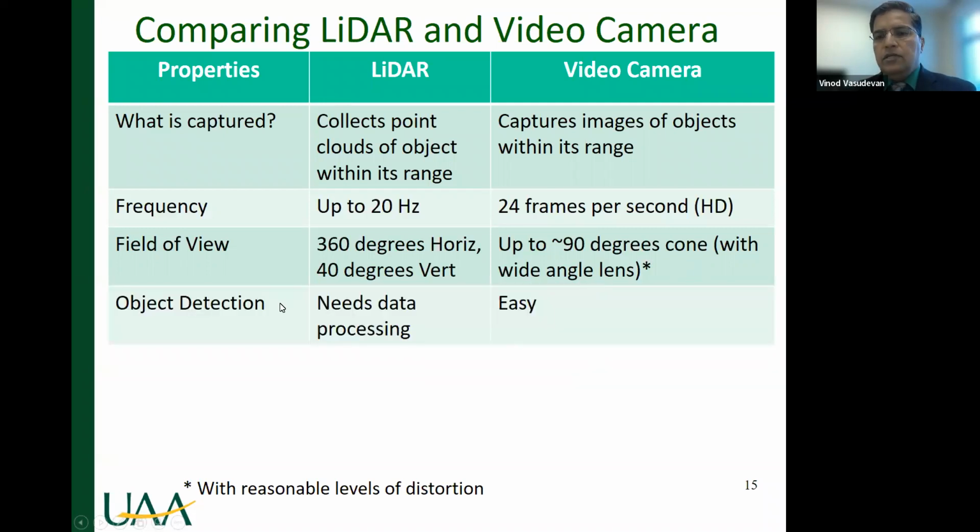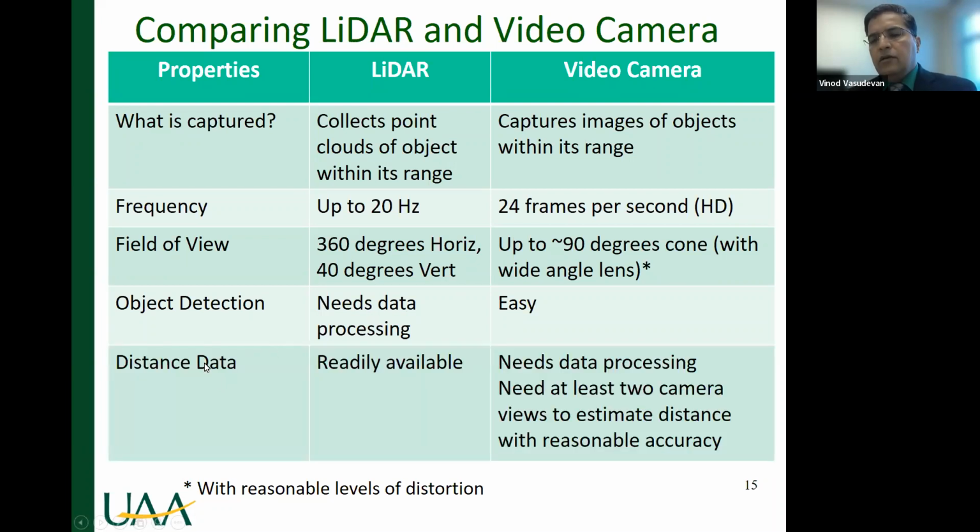For object detection, we need data processing. It's time consuming with LiDAR, whereas with a video camera, with all the recent developments in image processing, it's very easy to detect. There are so many programs available free to use, but object detection in LiDAR needs a lot more processing. Here is where the interesting thing is: distance data. In LiDAR, of course, it is readily available, whereas with a video camera you need data processing, and to measure distances you need at least two views from two different cameras.